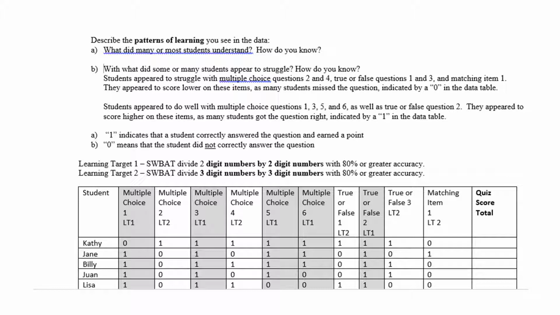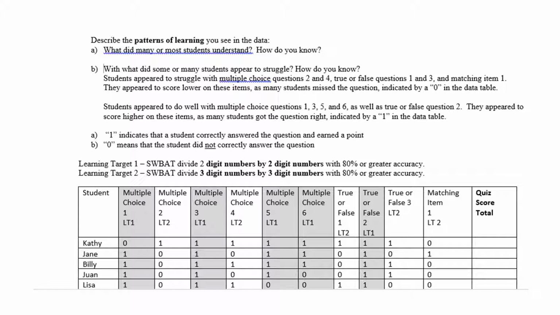If you look at this, you can tell that many students seem to do well on certain items. For example, look at multiple choice 3. Everyone in the display here did well on multiple choice item number 3.